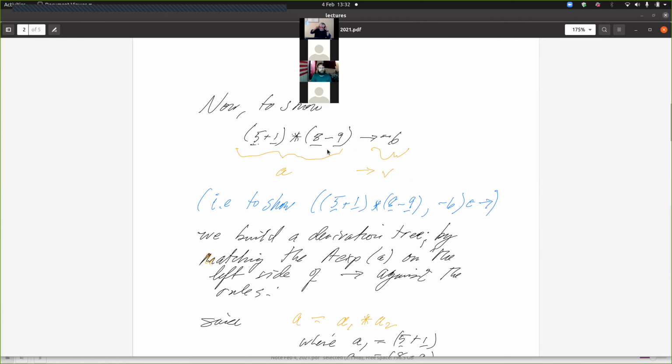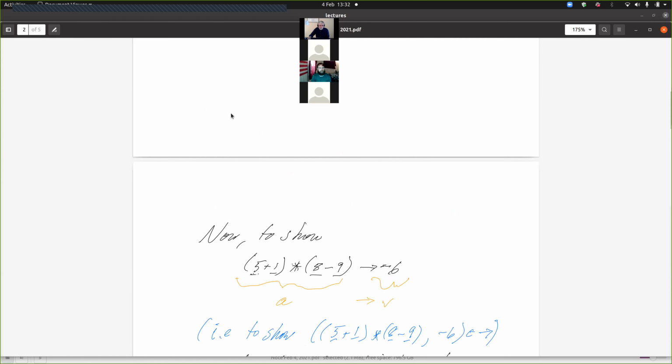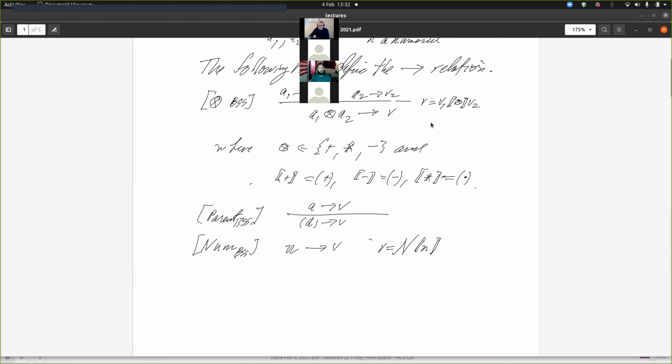So that's the justification that there are no A's in an actual expression of type A expression. Those are just meta variables used in the grammar to help you describe all the terms that are in there.